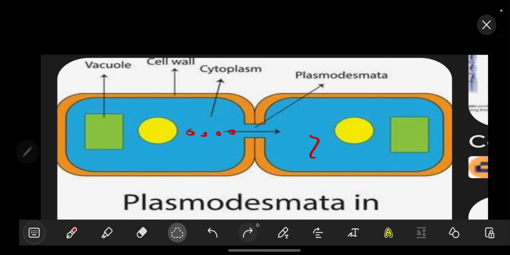As you can see, there is the movement of ions entering the other cell. Two adjacent cells, which have to be plant cells, the plasmodesmata is this part that is able to penetrate through the cell wall. They are able to connect two adjacent cells and allow substances to be transferred via that. Not only that, they also allow two cells to communicate.